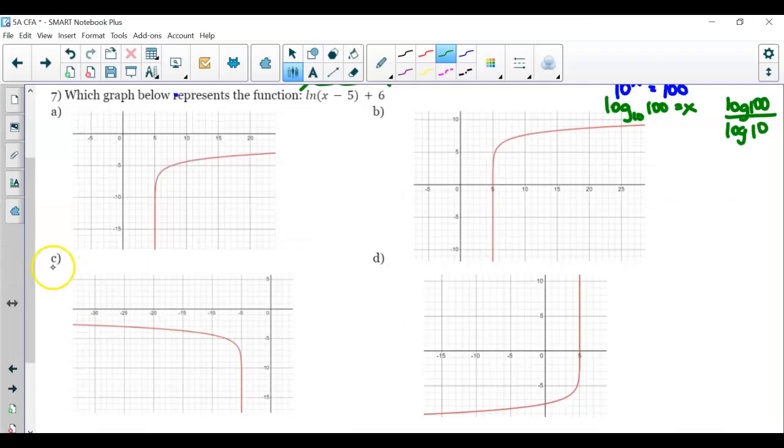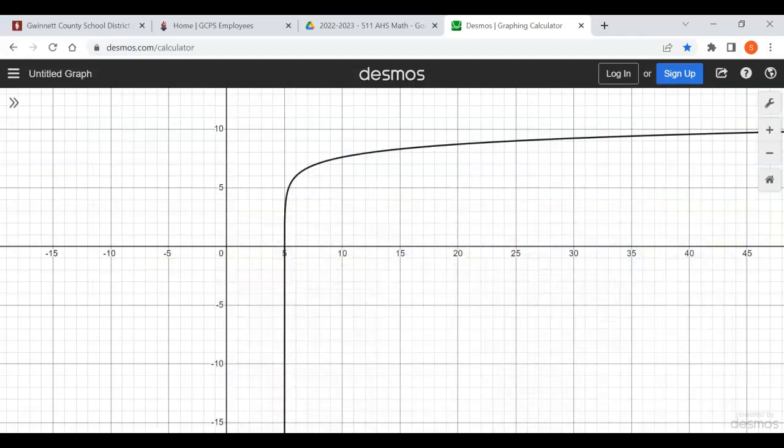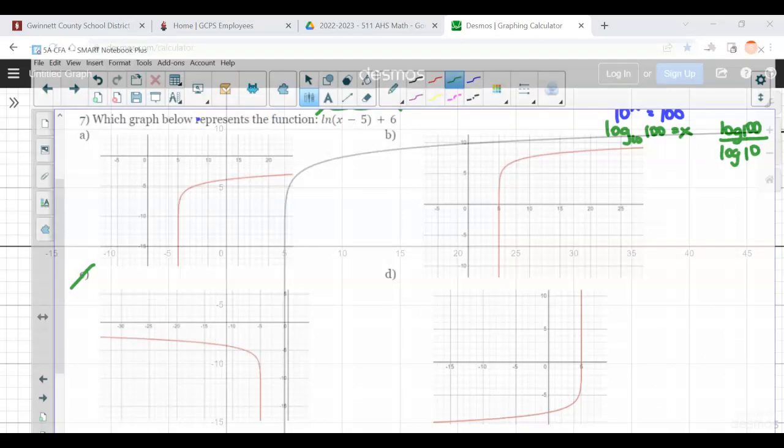So I'll go ahead and mark off C because it has the vertical asymptote at x is equal to -5. I also noticed too by the direction that here we are increasing and going on to the right into positive infinity.